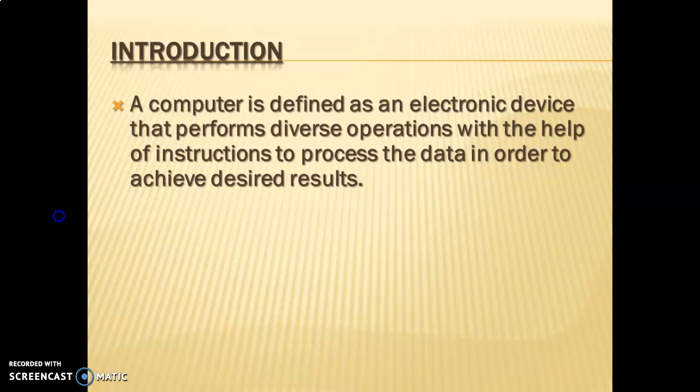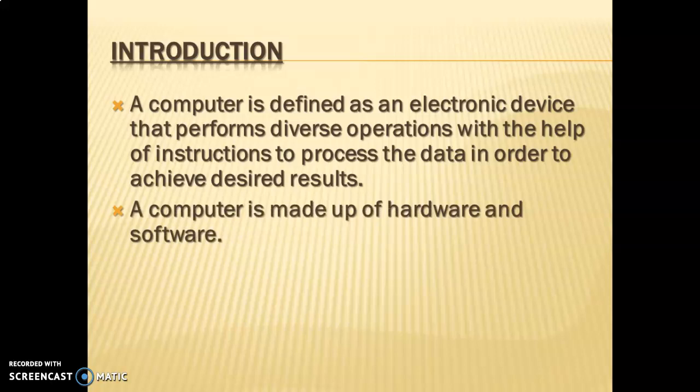Like you can do painting, you can do typing, you can calculate, you can play a game, you can listen to the music, you can watch the movies, and so on, with the help of instructions to process the data in order to achieve the desired results. That means the user inputs the data, it gets processed, and according to the processed data, we get the desired result.